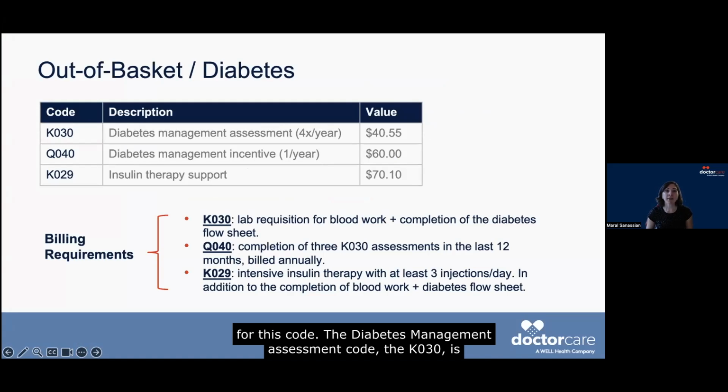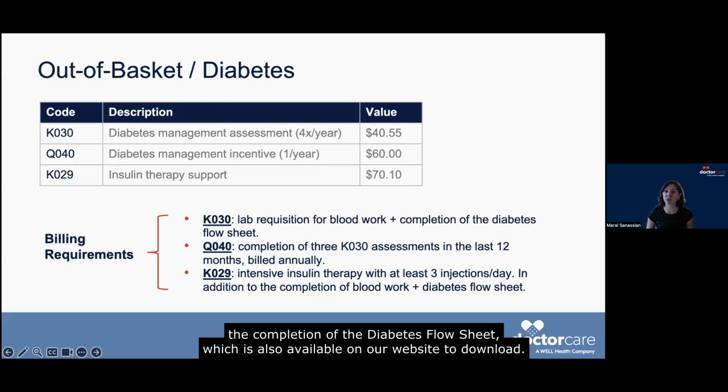The Diabetes Management Assessment Code, the K030, is a service payable to the most responsible physician for continuing management and support of a diabetic patient. The code is billable up to 4 times per 365 days. The code requires a lab requisition for blood work, as well as the completion of the diabetes flow sheet, which is also available on our website to download.